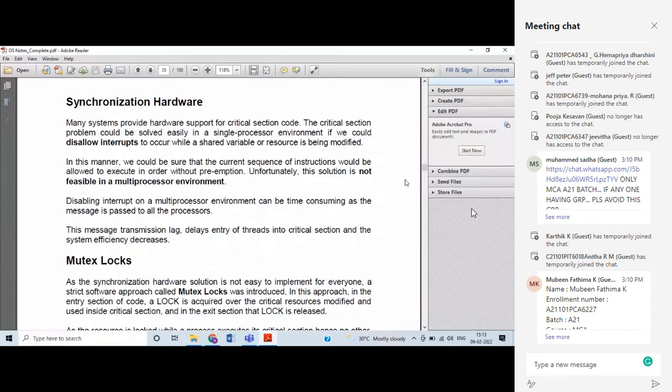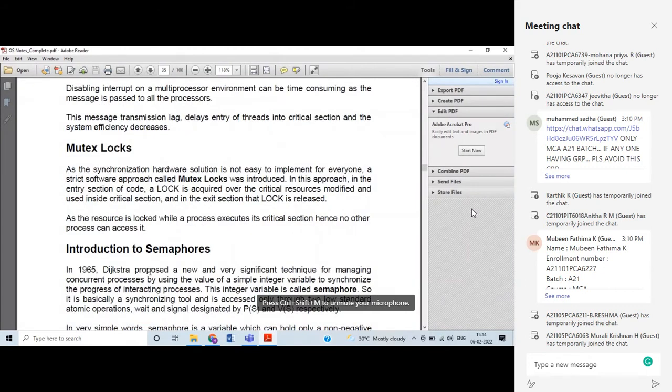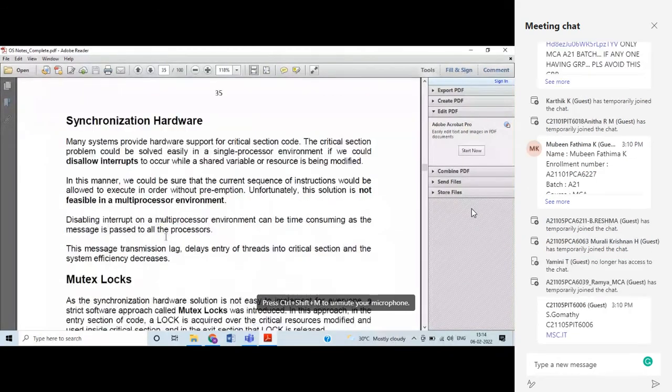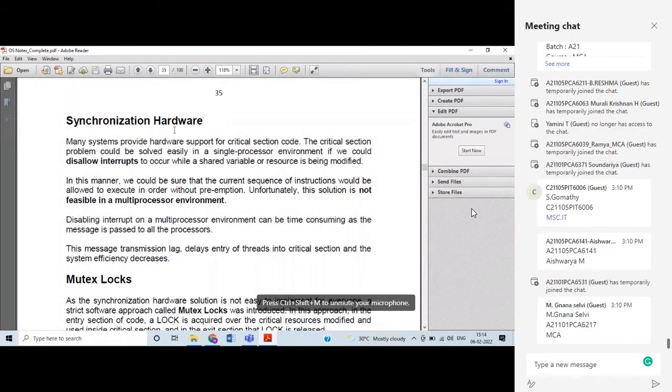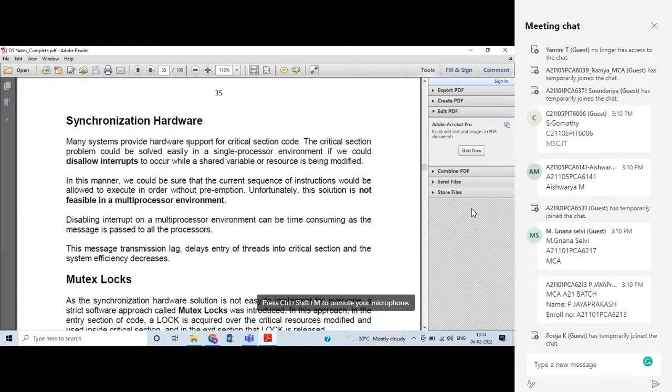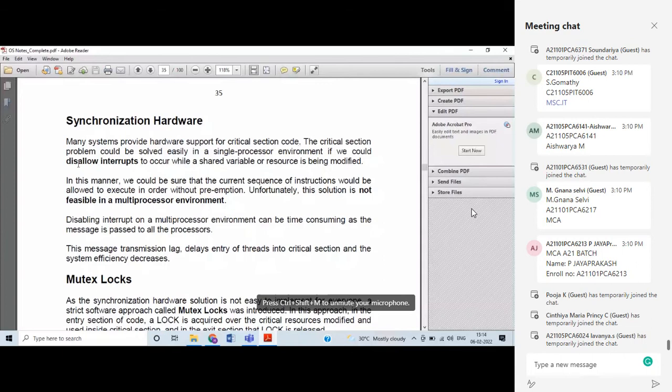In order to find solutions for critical sections, scientists have developed synchronization hardware and also Mutex locks. What do you mean by synchronization hardware? These are mechanisms to avoid the critical section problem. Under this mechanism, many systems provide hardware support for critical section code.